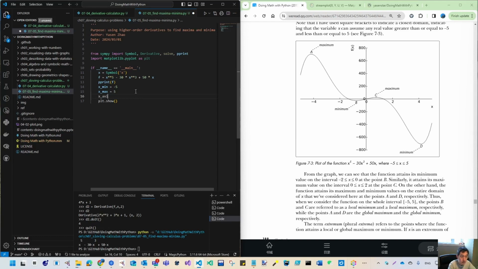The x-axis is x, y is y. Oh, let's see. The x points, the y points are also empty.